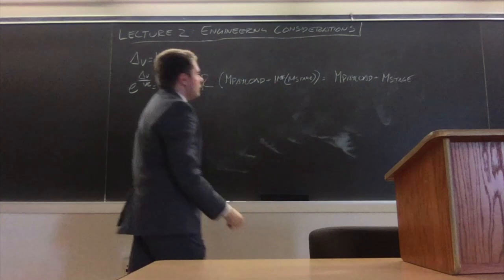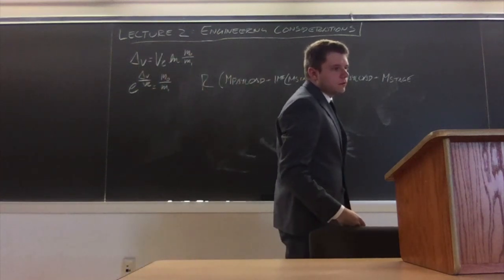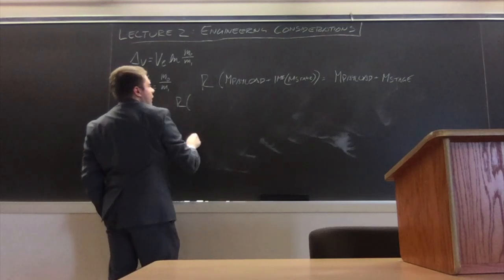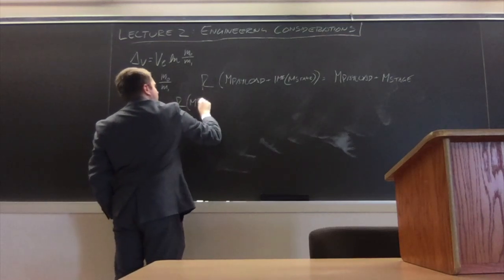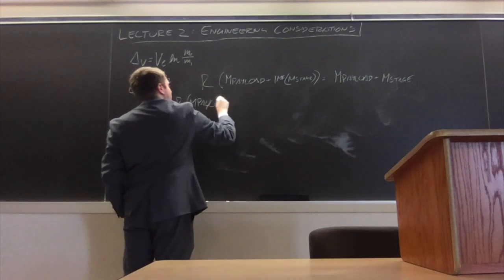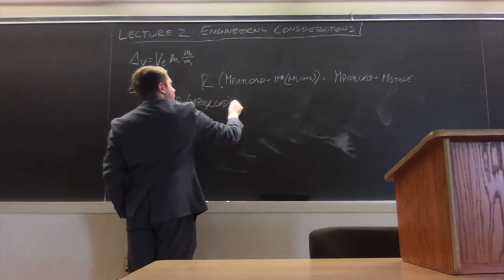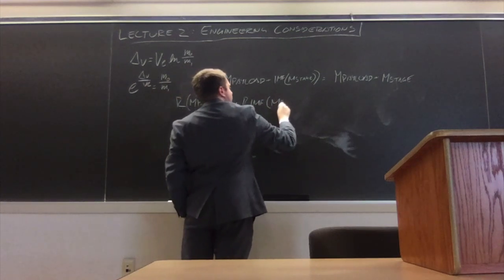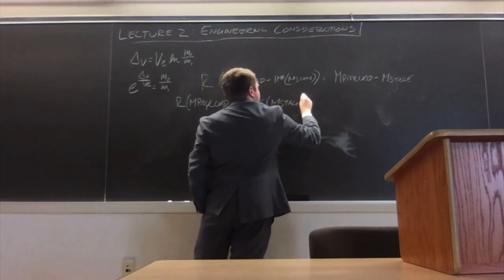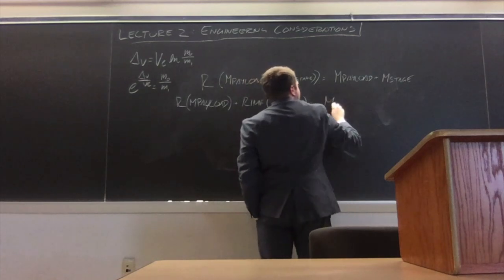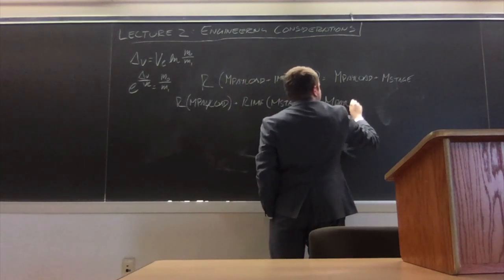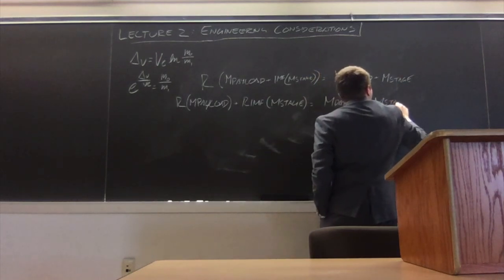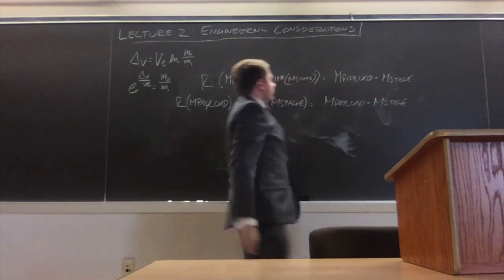Our next step is we can distribute everything. We distribute R to this. We get R M payload plus R IMF M stage. Then we can rearrange this.